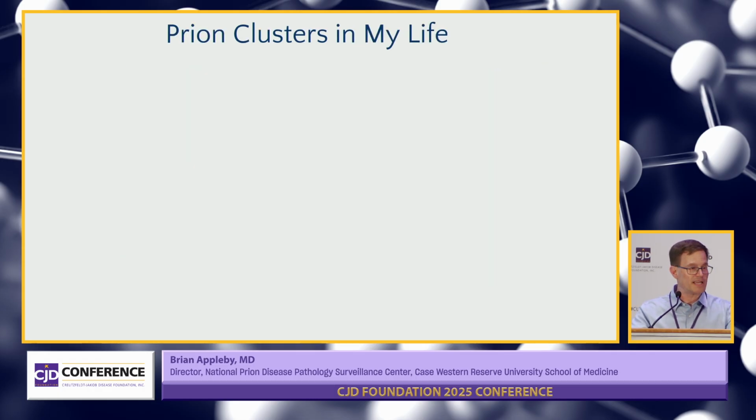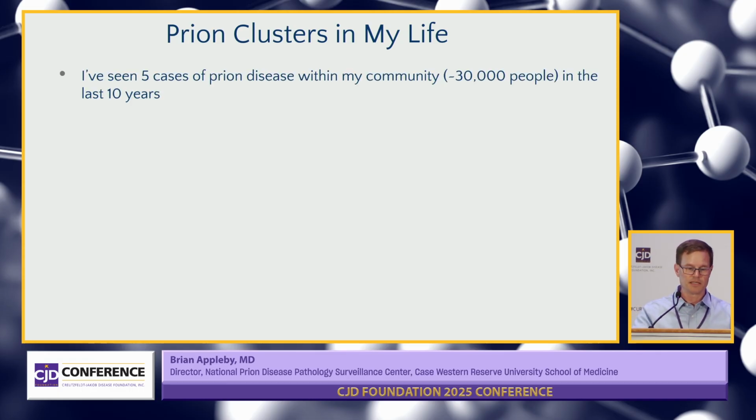So the rice bag of my life, and these are all instances in which I've come into contact with prion disease that have nothing to do with me being in the field of prion disease. I've seen 5 cases of prion disease within my small community of about 30,000 people in the last 10 years. That's expected.